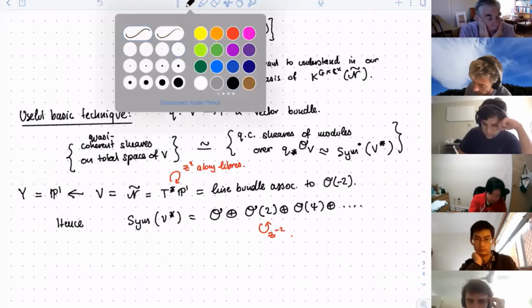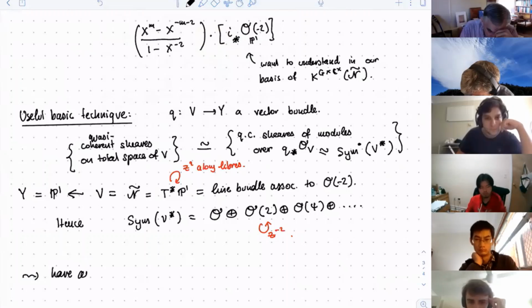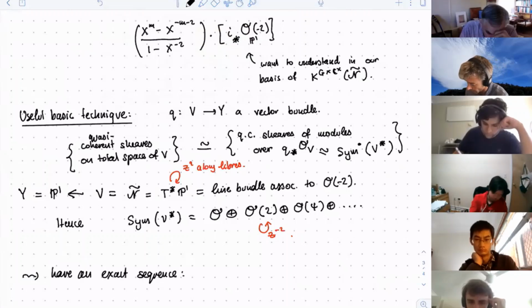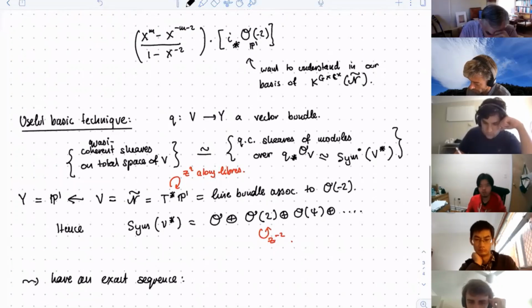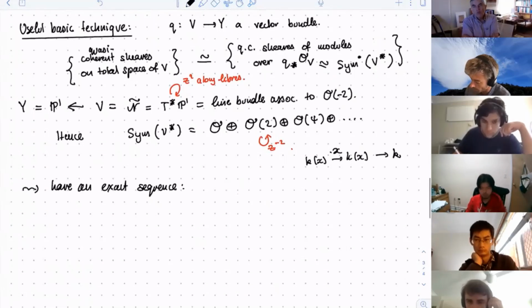And so we conclude that we have an exact sequence. Essentially, one can think locally. This is just a polynomial ring in one variable. And what I want to imitate is k of x goes to k of x by a multiplication by x goes to k. But there might be some global twisting, and this useful basic technique tells me what this global twisting might be or is.